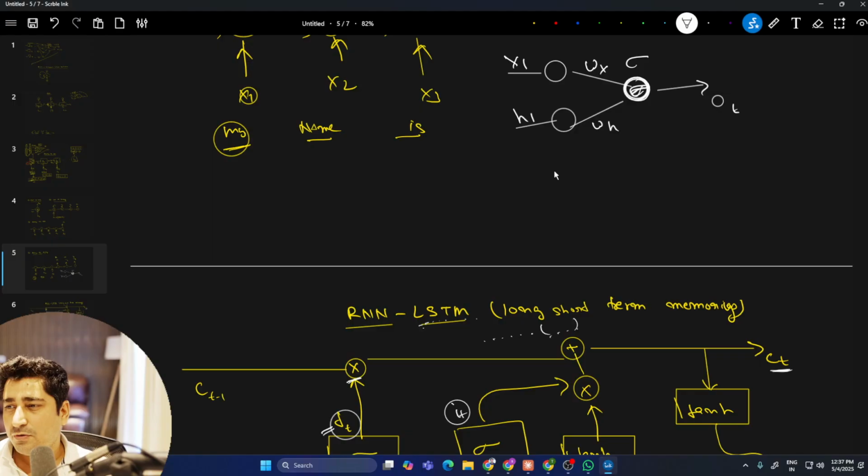Can I say that inside this function, whatever function we are going to use, whether it's a sigmoid, whether it's a hyperbolic tangent or whatever it is, this function will take input, x1 w of x plus h1 w of h, and it is going to pass inside that function, and eventually that will become the output.